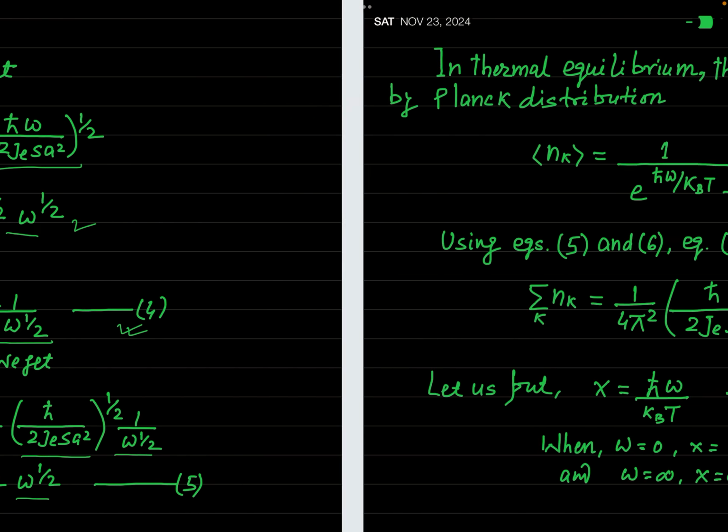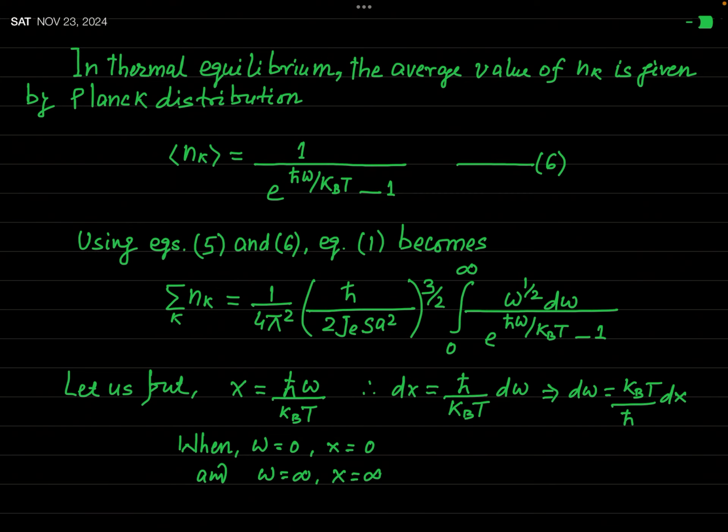For this, we will use Planck's formula, as I have told you earlier. We know that in thermal equilibrium, the average number of nk is given by this formula, which is called Planck's relation. This average value of nk is 1 over e to the power h bar omega over kBT minus 1.